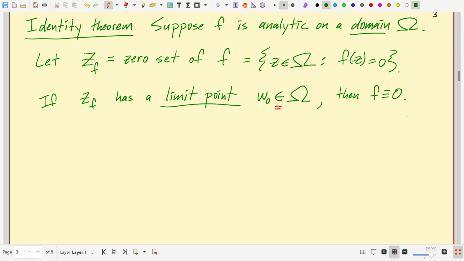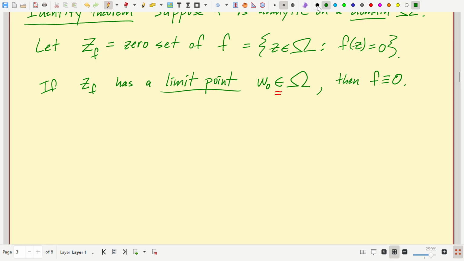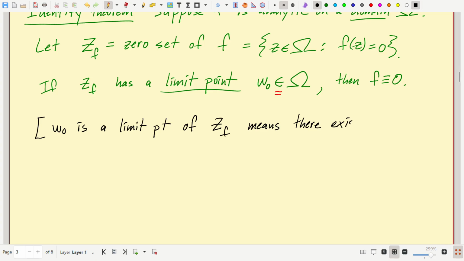Okay, what does a limit point mean? Note, w naught is a limit point of Z sub f means there exists a sequence of points, z_n in Z sub f, in the zero set.